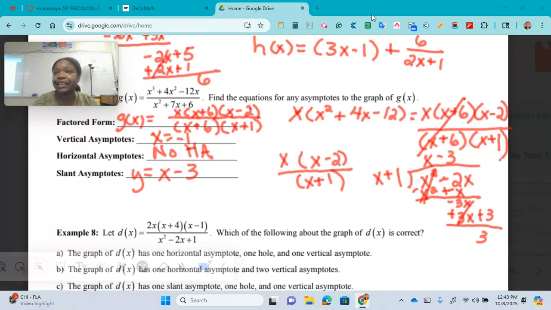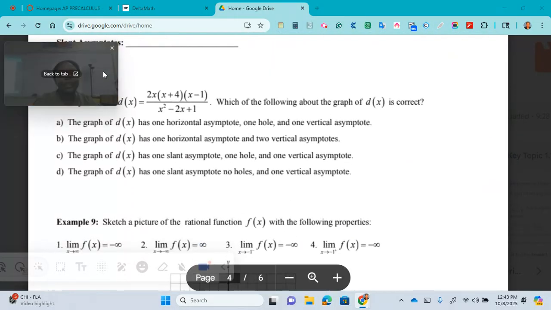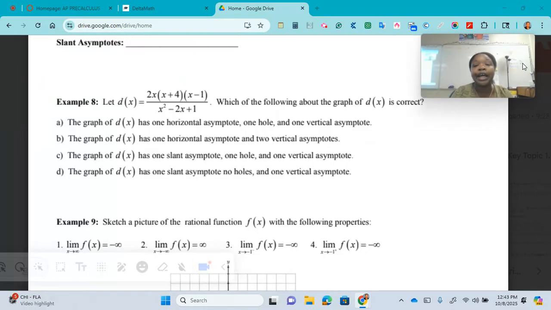All right, everyone got this? So since we're dealing with a slant asymptote, we could go ahead and eliminate which two? A and B. And you said the answer is C?